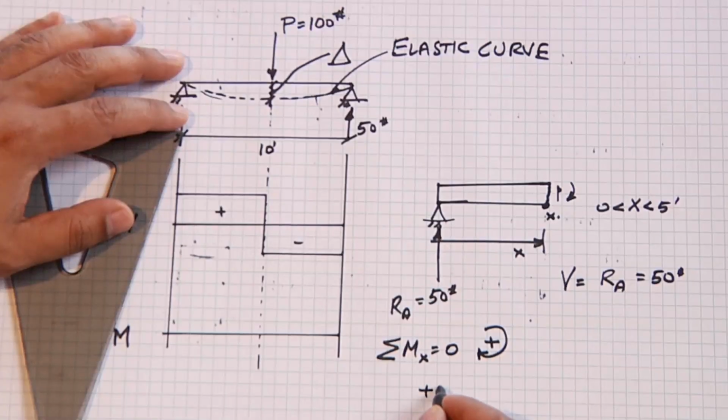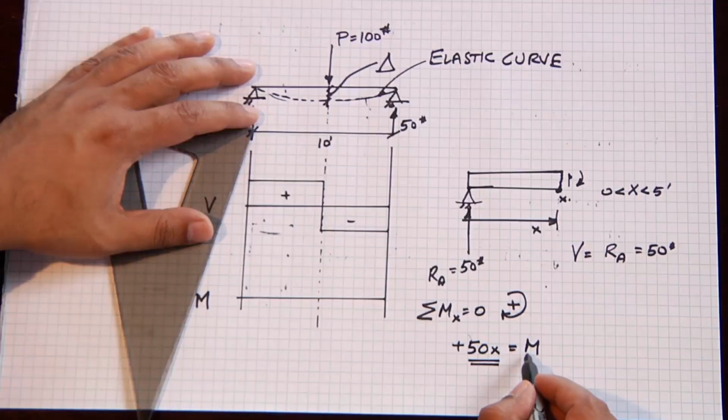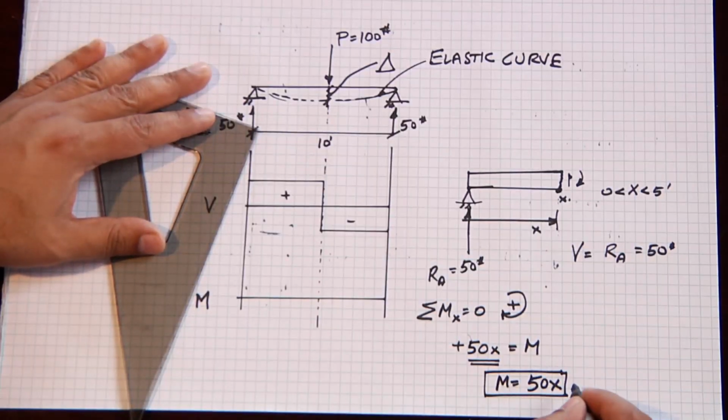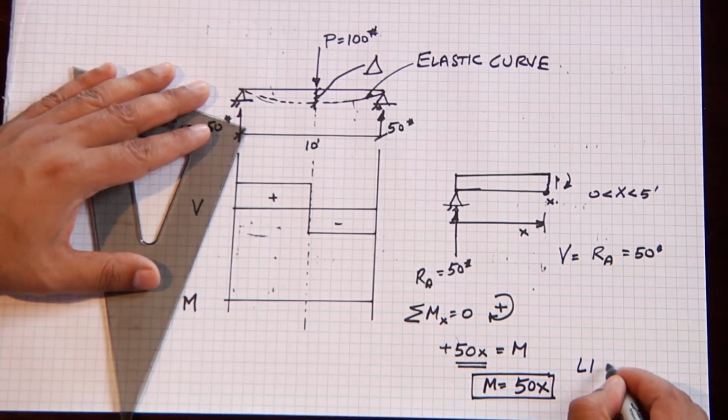And so the bending moment is 50, the force here, times x, equals the moment reaction on the right. So the moment is equal to 50 times x, which tells us that the moment is a straight line, a linear curve.